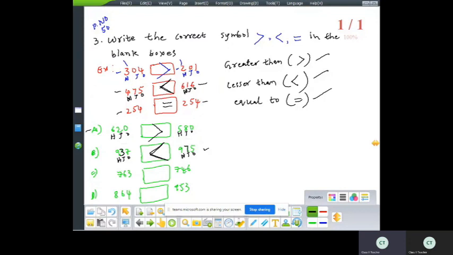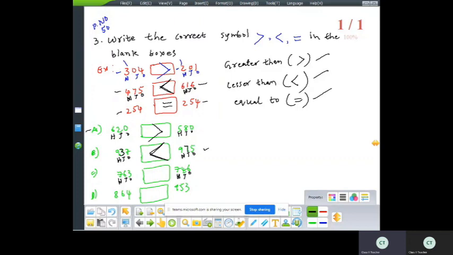Next, question C. The given two numbers are 763 and 746. First we look at the place values 1, 10, 100. Here also the digit 7 is in the hundreds place. Both sides the 7 is the same. Next we go with the tens place.